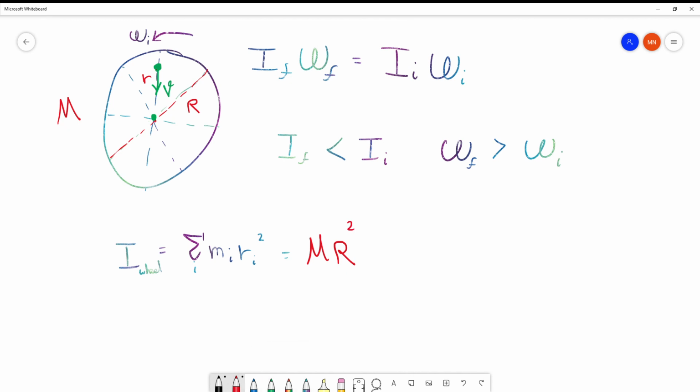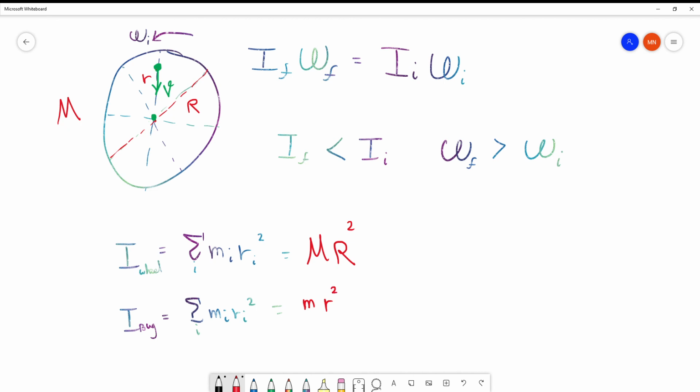How about the moment of inertia of the bug itself? For the bug, it is also going to be a distance away, except in this case we have lowercase r squared, and we find that this is equal to lowercase m times lowercase r squared.